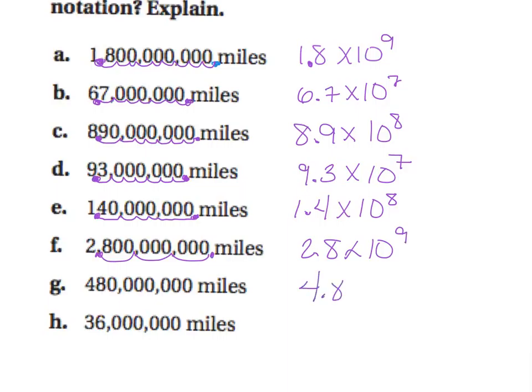Then we have 4.8 times 10 to the, okay, we moved it here, but we want it here, so we have to move it to the right 8 times. And the last one, we have 3.6 times 10 to what power? Okay, so we have a point right here, and we want to move it right here, so that's going to be 7 to the right.